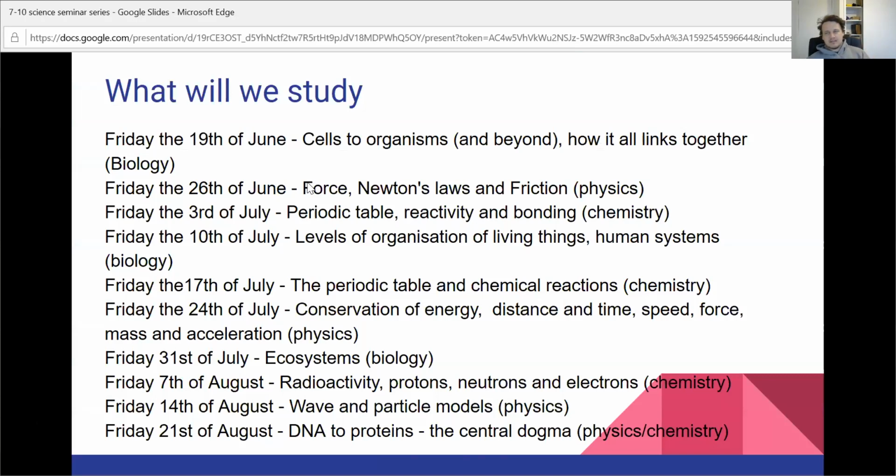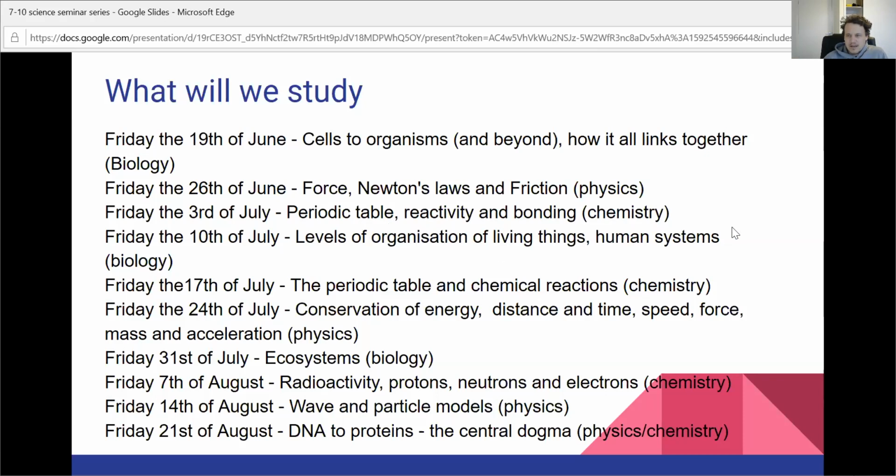So this week is cells to organisms and how everything links together, and that's biology. Next week will be a bit of physics, with sort of the basics of forces and Newton's laws and friction. We mixed in physics and maths there. Periodic table with reactivity and bonding, which is chemistry.